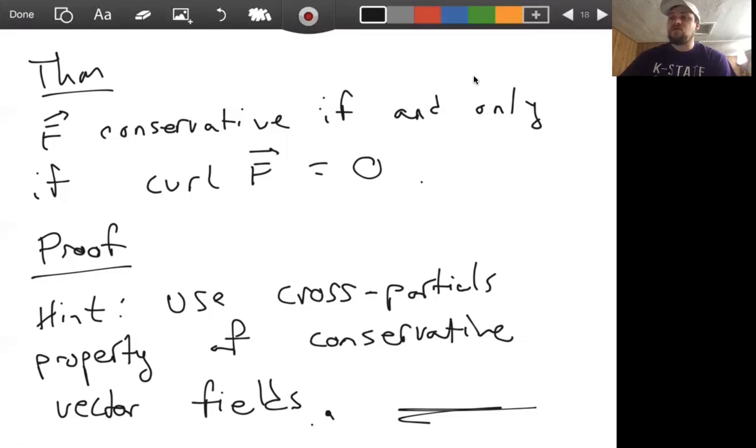These are two very useful operations that we can perform on vector fields to obtain much information about said vector fields. Now, what we're going to discuss is surface integrals. We discussed line integrals. There were scalar and vector line integrals. Well, now we're equipped to discuss surface integrals. So there are scalar surface integrals and vector surface integrals as well.